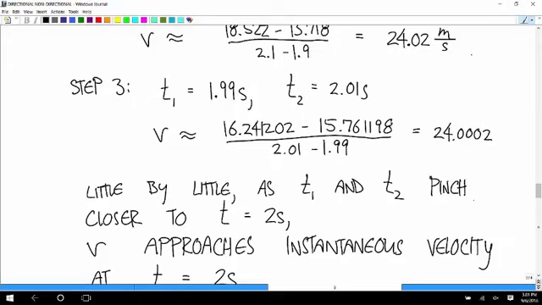If the slope is negative, it's moving in that direction. And if it's zero, it's instantaneously at rest. The absolute value tells you how fast it's moving at that instant, right? Exactly.